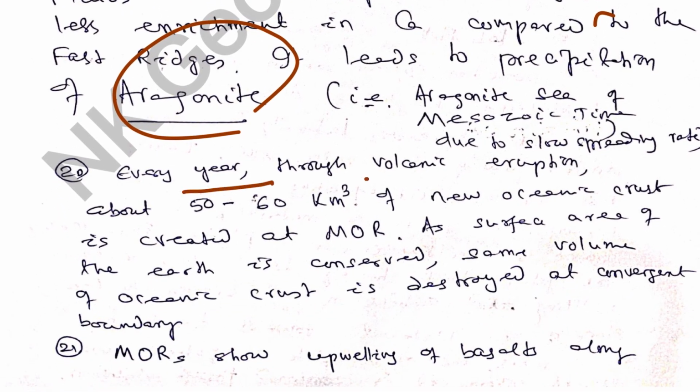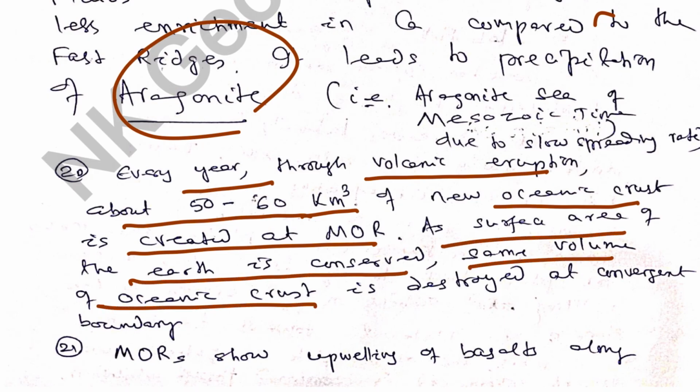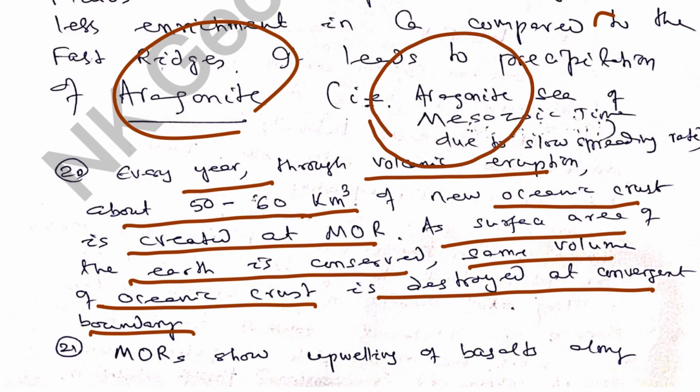Every year, through volcanic eruption, about 50 to 60 km cubed of new oceanic crust is created at the mid-ocean ridges. As the surface area of the earth is conserved, the same volume of oceanic crust is destroyed at the convergent boundaries. This will have to take place because the total surface area of the earth is constant.